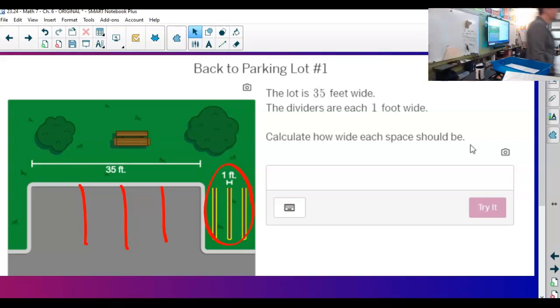I'm confused. So the total space to be able to park is how wide? Calculate how wide each space should be. So you realize this is getting confused because you're typing in way too many things for it to think about. Let's try if we just put just the answer.